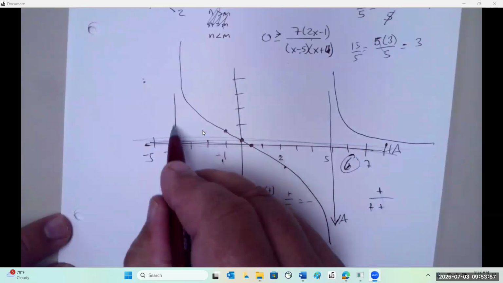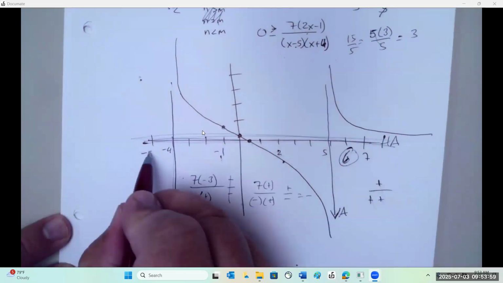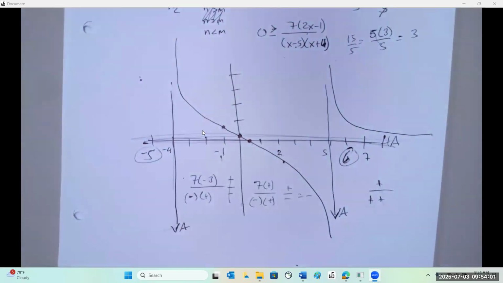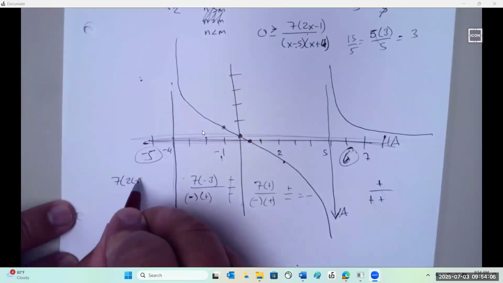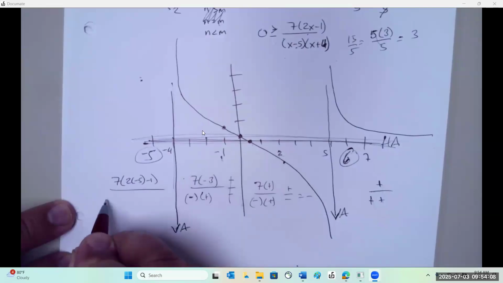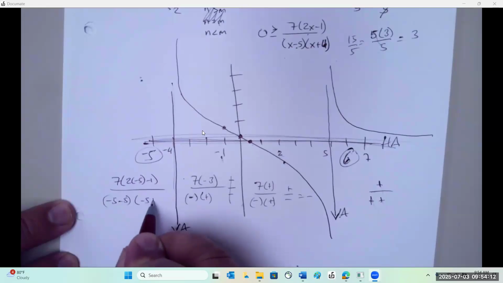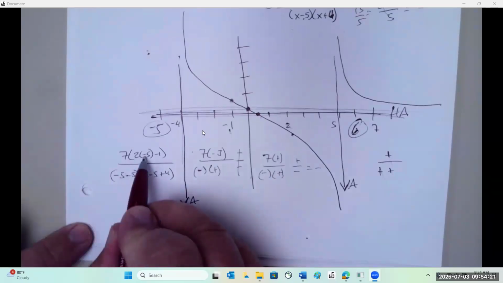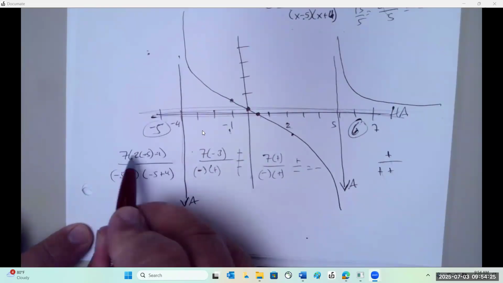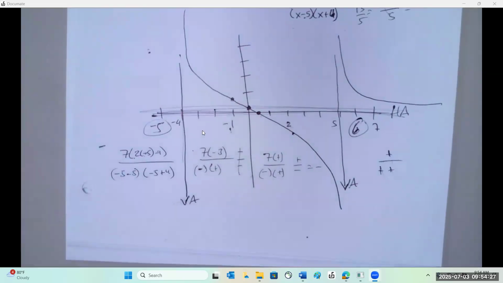Again, on the other side of my vertical asymptote, I choose a value. I put in -5. 2 times -5 minus 1, -5 minus 5, -5 plus 4. All I care about are the signs. Is it positive or negative? 2 times -5 is -10, minus 1 is -11, times 7. The answer is going to be -77 on top.